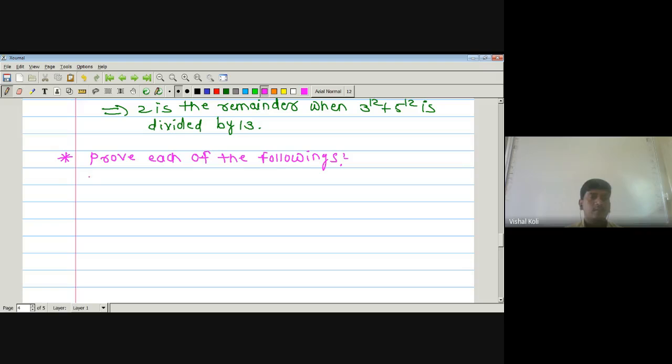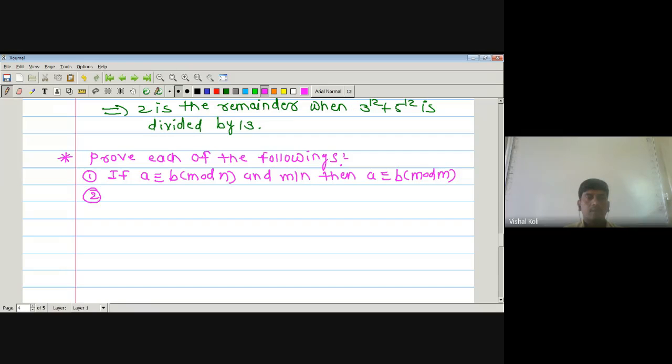First one: if a is congruent to b modulo n, and m divides n, then a is congruent to b modulo m.